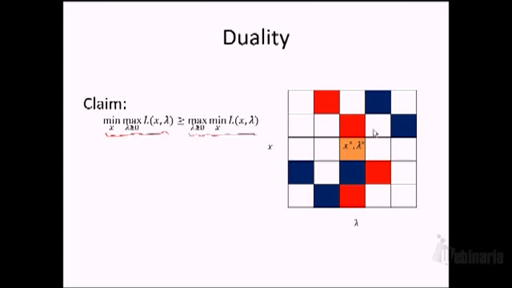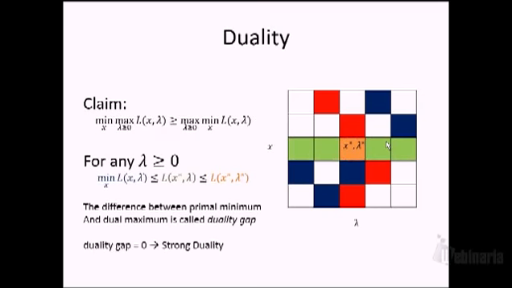To see why this holds, suppose that x star is the solution to the primal. And that means the minimum value of the primal objective is the Lagrangian at x star and lambda star. Then, by definition of the primal, the Lagrangian in this cell has to be greater than or equal to the Lagrangian at any other choice of lambda for the same x star.